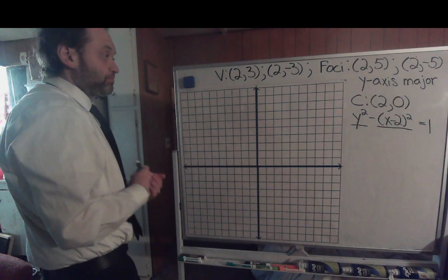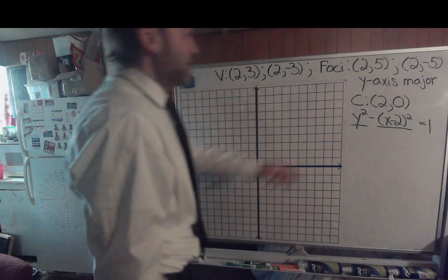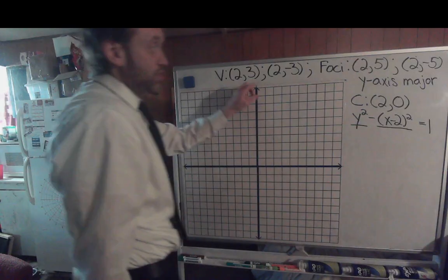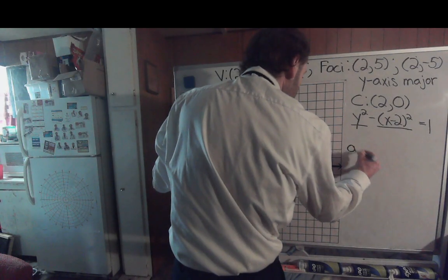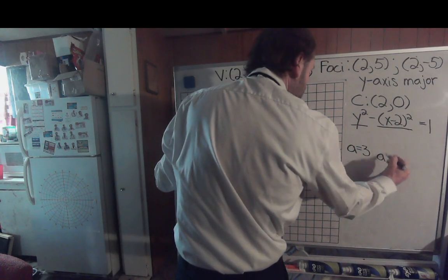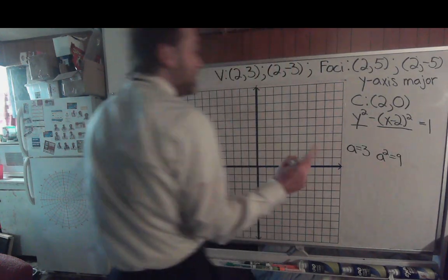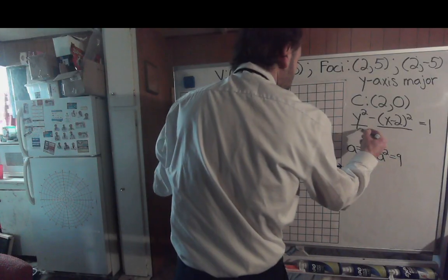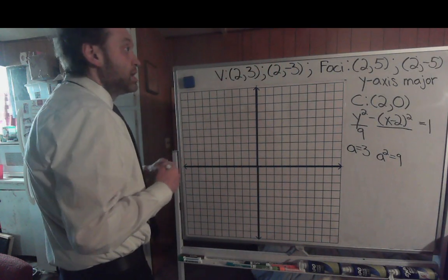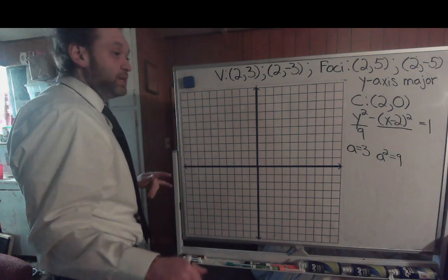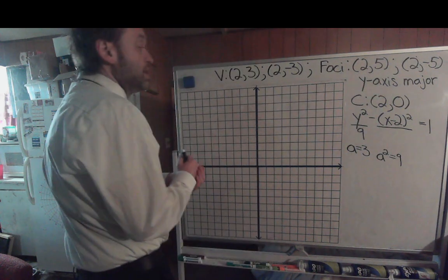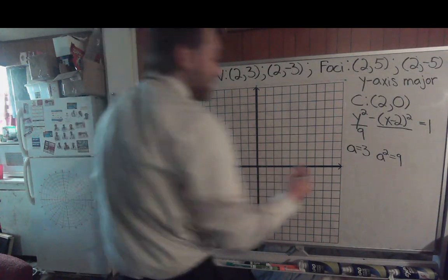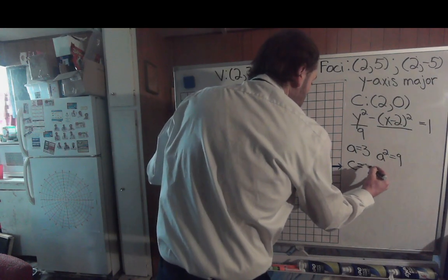Okay, so from the center of (2, 0) to either (2, 3) or (2, negative 3), that's a change of 3, right? So that means a equals 3, which has to mean that a squared equals 9. And the y-axis is the major axis, so that 9 would go below the y squared. Now, we don't know b squared, or the length of the minor axis, but we do know the c length, because from (2, 0) to either (2, 5) or (2, negative 5), it's a length of 5 units. So c would equal 5.